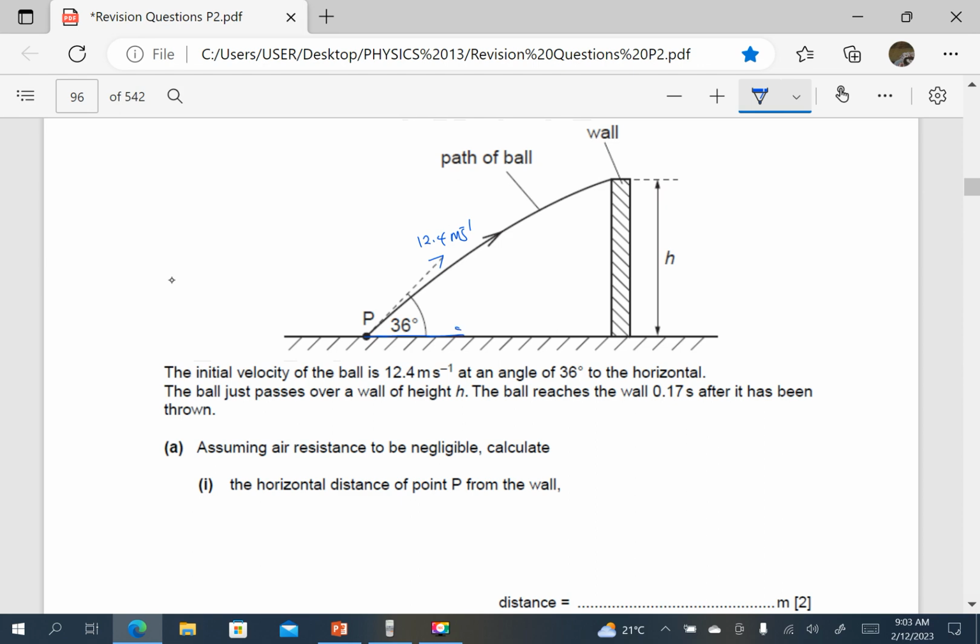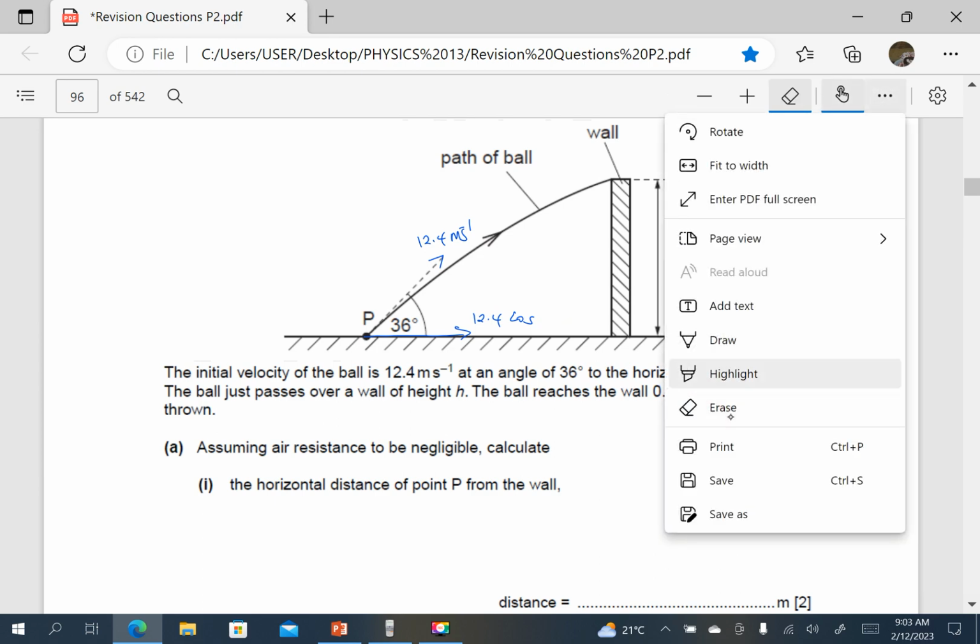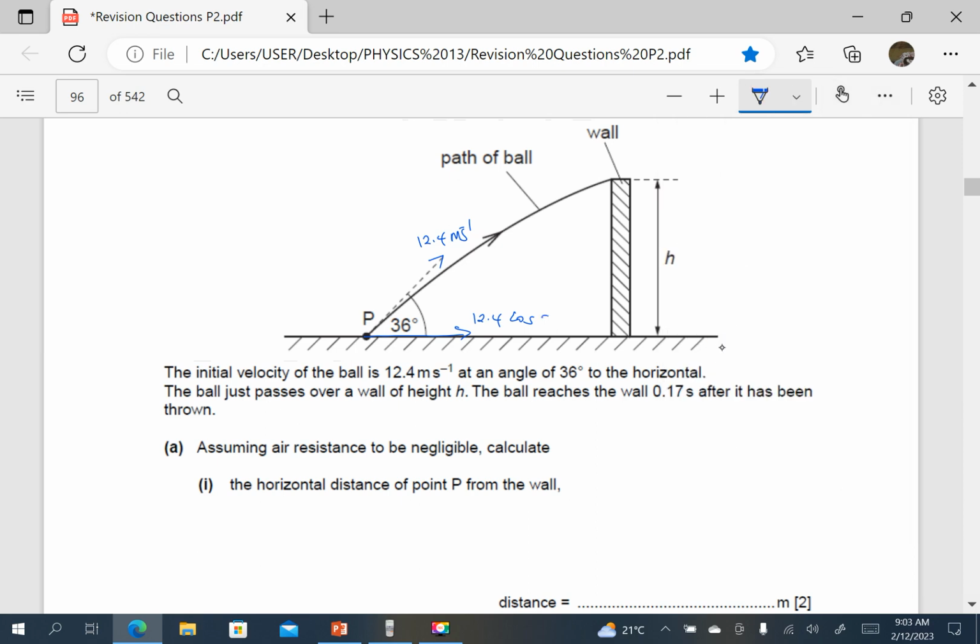When we resolve it in the horizontal, it will be 12.4 cos 36, not 60. When we resolve it vertically upwards, it is 12.4 sine of 36 degrees.